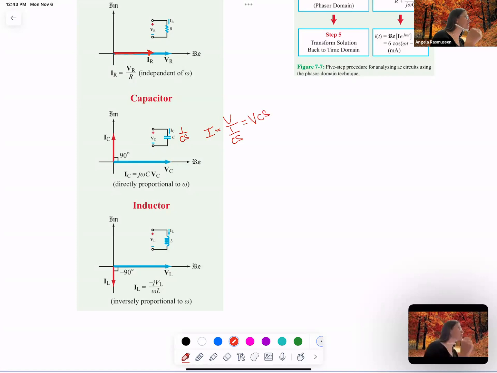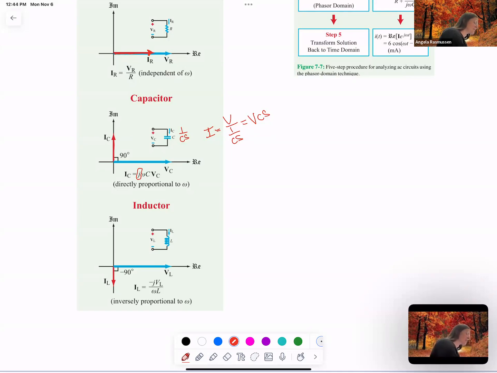And then if we look at S as J omega, to bring in that J, it becomes J omega C times the voltage, VC. And in comparison to that, what does this J do to your angle? J is also equal to E to the J90, right? It's written here, it's easier.